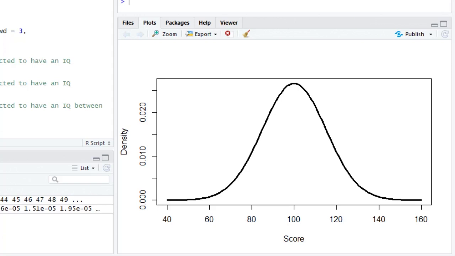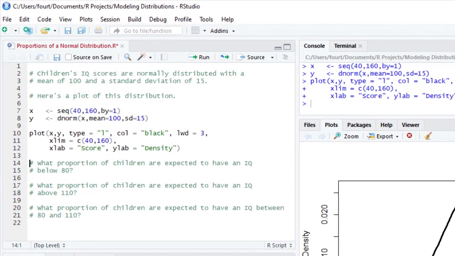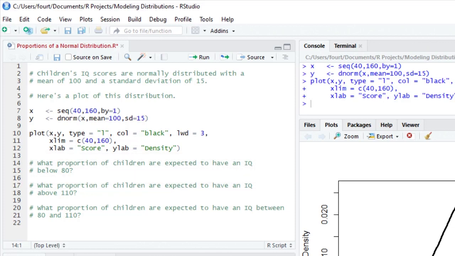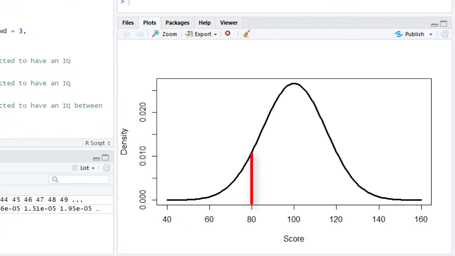I want to answer a few questions about the proportion of children who will score within specified ranges on this test. If you have learned how to calculate percentile ranks using R, you should be able to answer this first question. What proportion of children are expected to have an IQ below 80? That's just asking for the percentile rank of a score of 80, right?